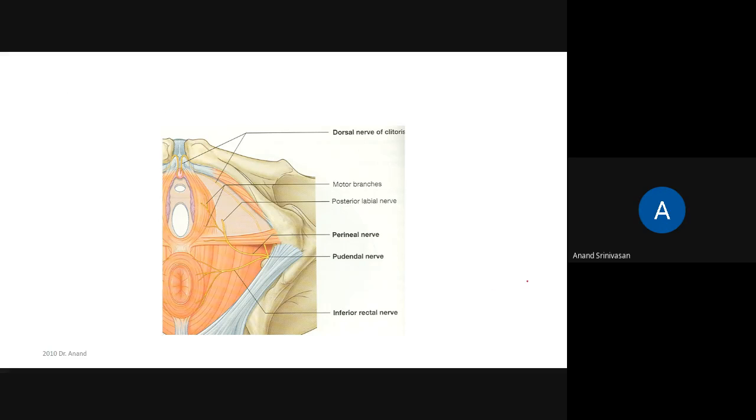Here you can see the ischial spine and the pudendal nerve. It is very close to the ischial spine. So if you give the injection around this region, it will block this nerve, and you can make a cut in the vestibule, in the perineum, so that you can deliver the baby safely.